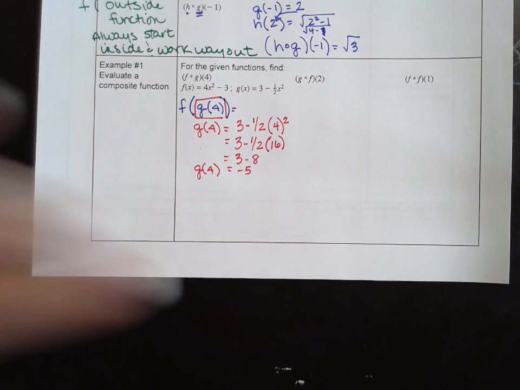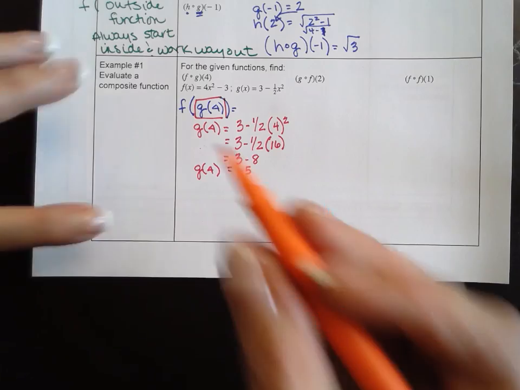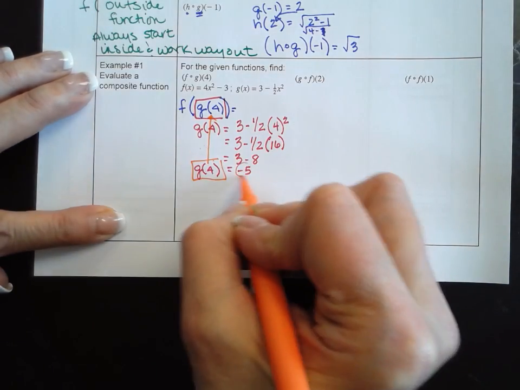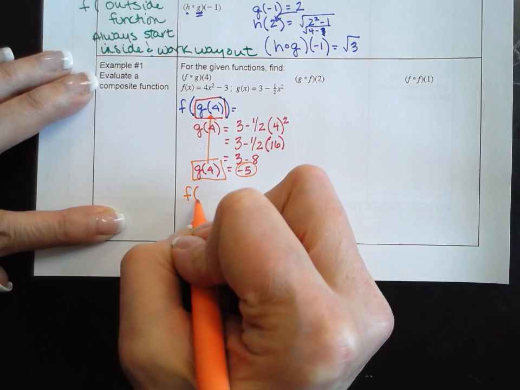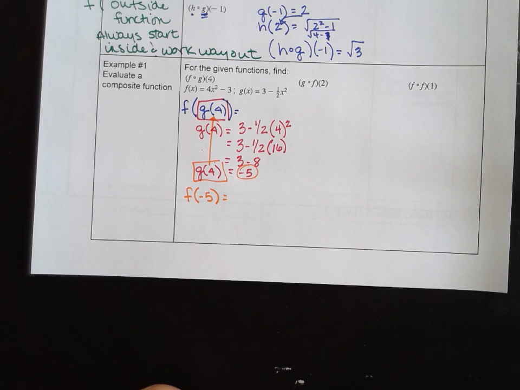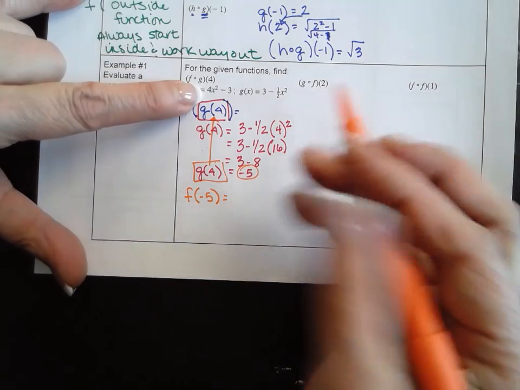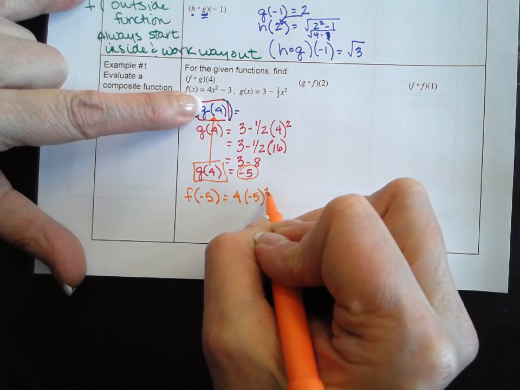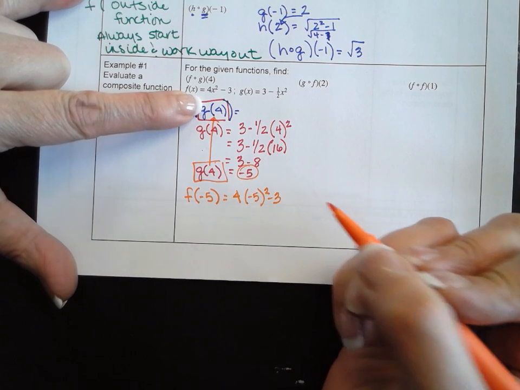Okay. Now, second step is that I put the answer in, so now I'm looking for the f of negative 5. Everybody with me on that? So now I put in 4 times negative 5 squared minus 3.